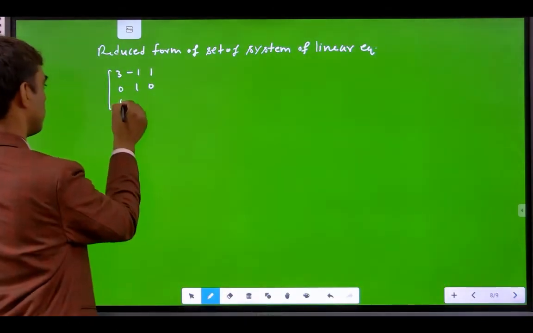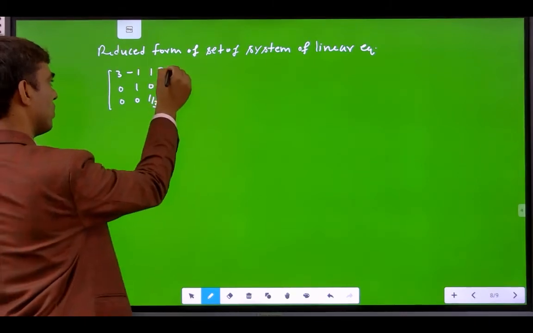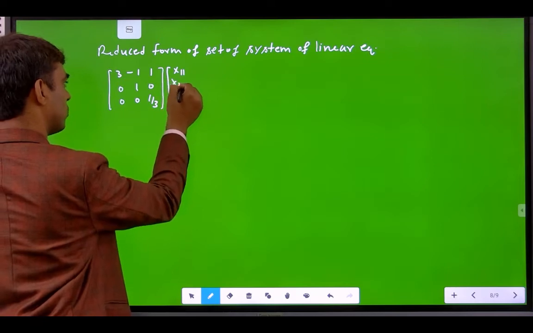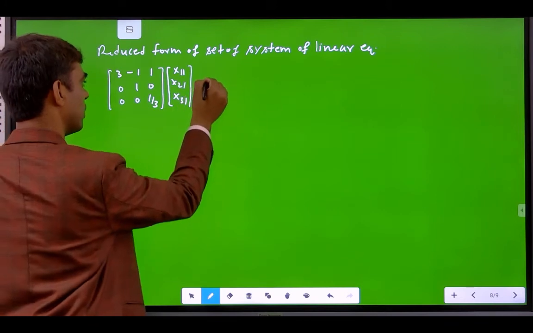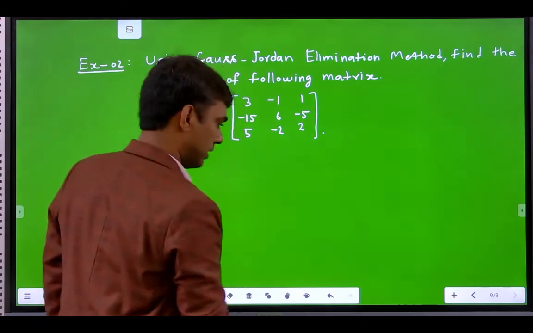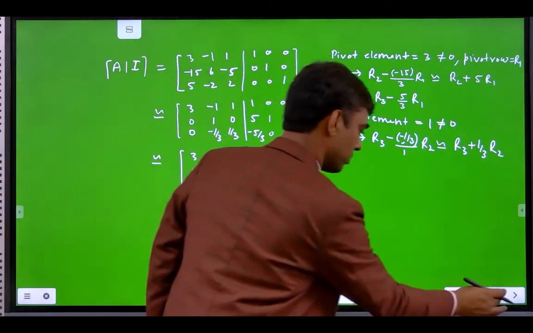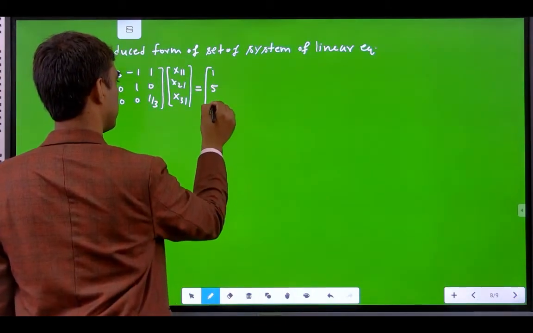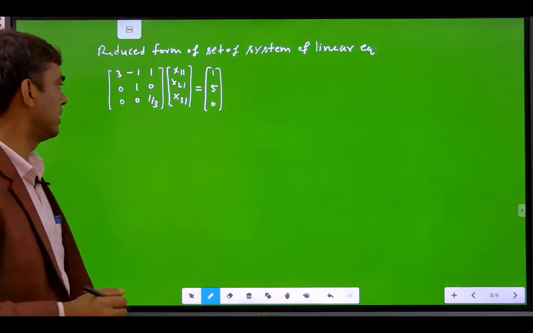The unknowns of the first column are x11, x21, and x31. This equals the first column of the partition matrix, which is 1, 5, 0. This is the reduced form of the first system of linear equations.